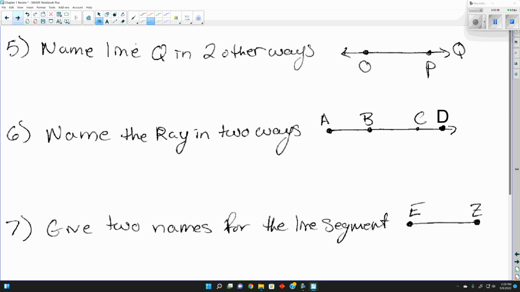And do make sure, especially with rays, that the arrow is on the correct side. So for this here, the endpoint A, B, the side that has the endpoint does not need the arrow. So we good with 5, 6, and 7? Yes?